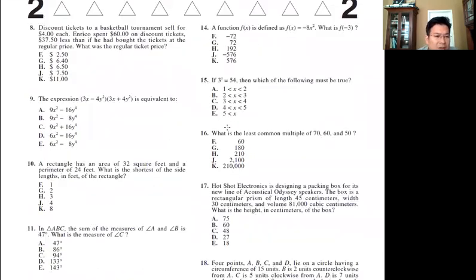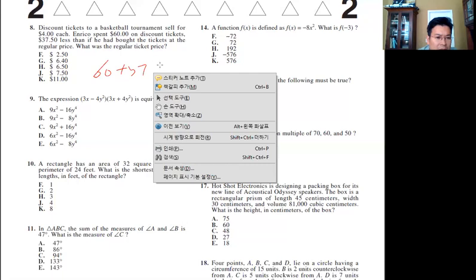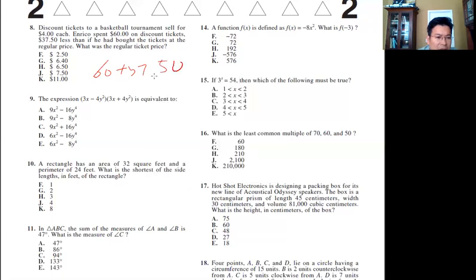A discount ticket to a basketball tournament sells for $4 each, and Enrico spends $60 on this one. And then 75.5 less than he bought the ticket at the regular price. What is the regular price? So $60 plus 37.5 is how much the regular price should be.